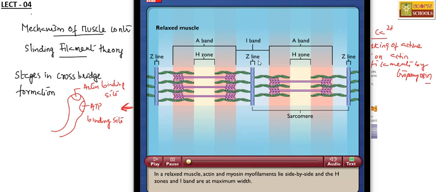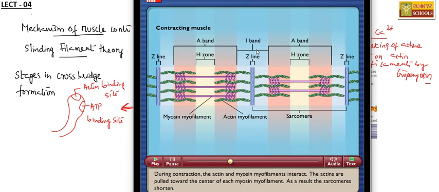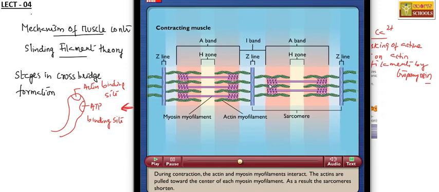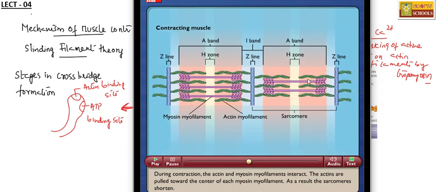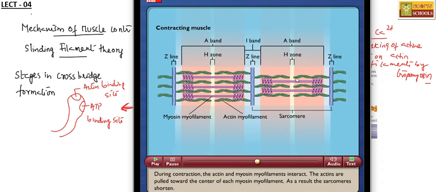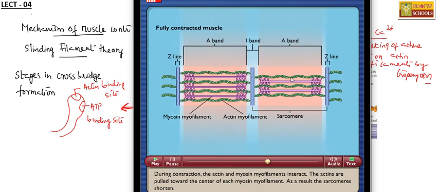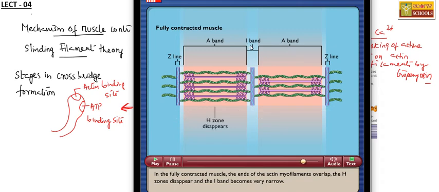When there is a contraction of these muscles, let's see. You can see all the different zones, and how the myosin heads are moving and pulling the actin filaments towards each other, and finally the H zone disappears. Completely the H zone disappeared, but the A band length remained the same, whereas the I band length decreased.